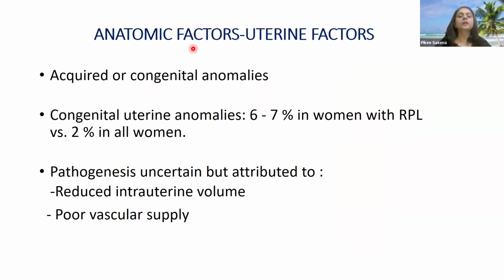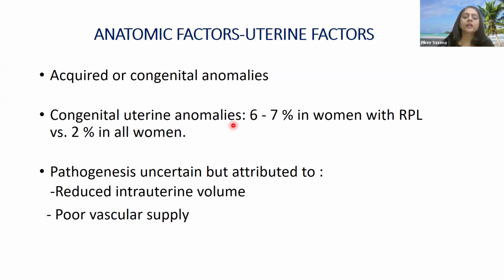So coming to the anatomic factors, the uterine factors could be acquired or congenital. The congenital could be any of the different classifications given in ASRM, and acquired could be cervical incompetence, a polyp, a submucous fibroid, or adhesions. These are the 4 major ones included in acquired.